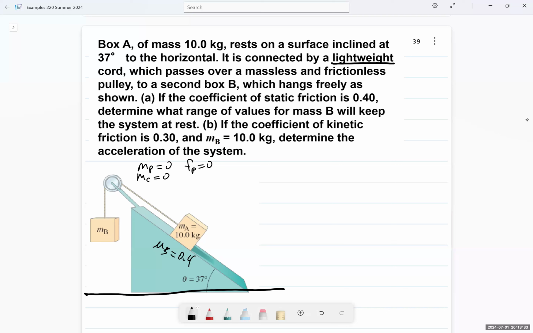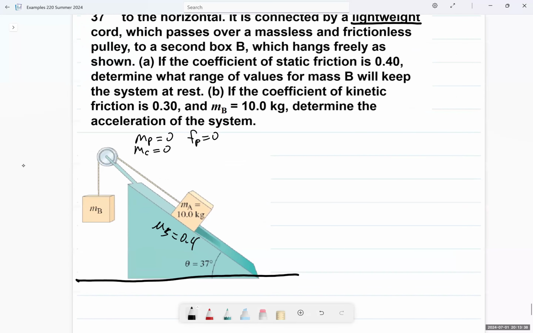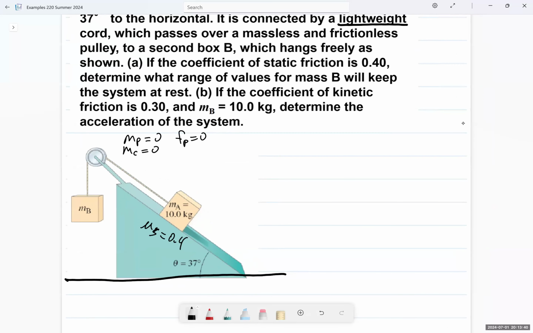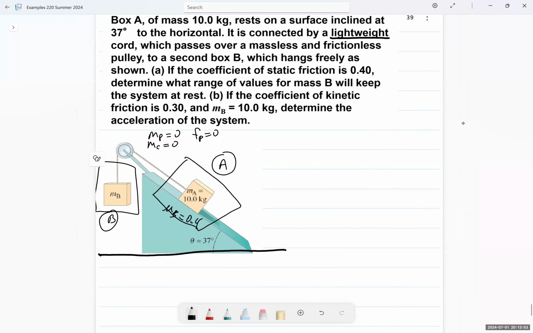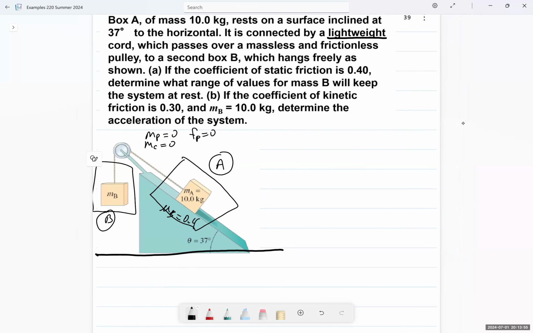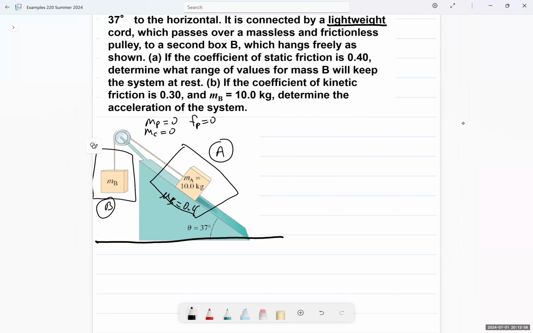Again, what we have to do here is break it down into two subsystems. Here is going to be B, and this one will be A. Let's start with the easiest one, system B. It has the weight of B down and the tension up.